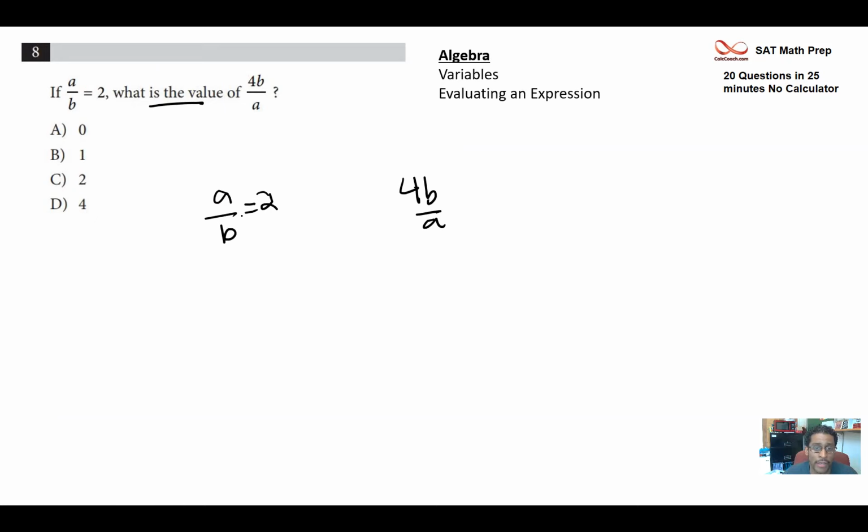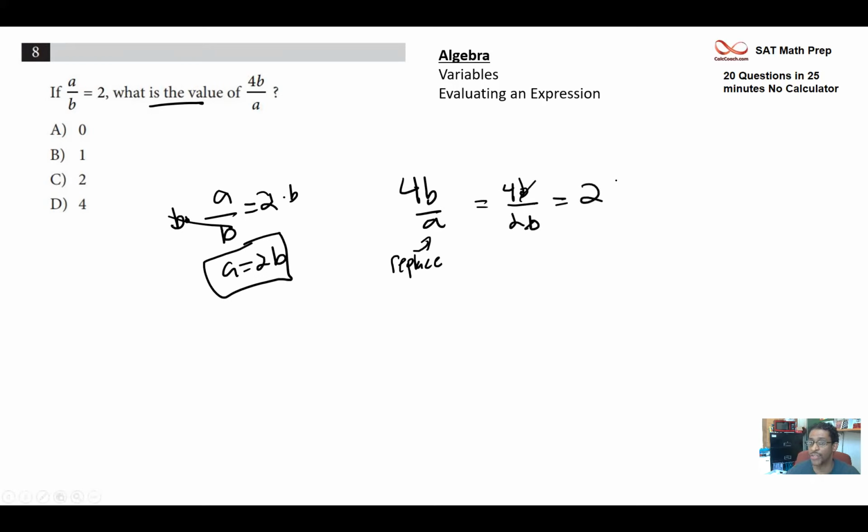Here's one. If A over B is equal to 2, that means A is twice whatever B is. Multiply both sides by B. And then in this expression, if I replace A with twice B, I'd have 4B over 2B, and these B's would cancel, and I get a 2.